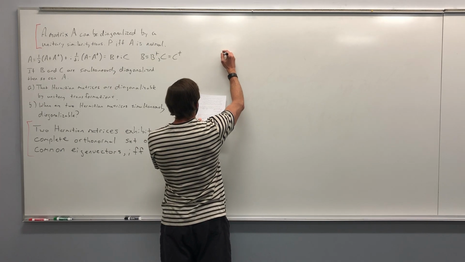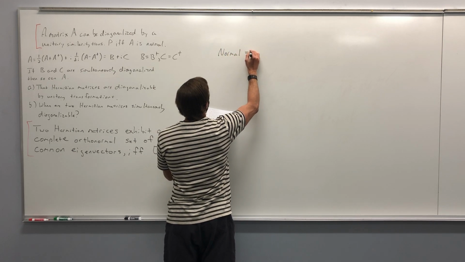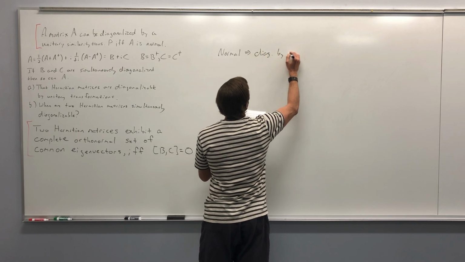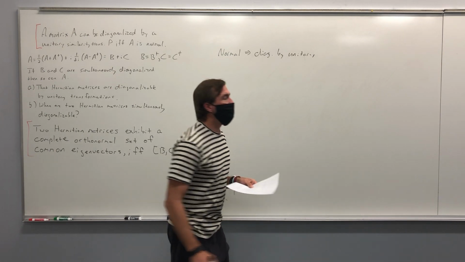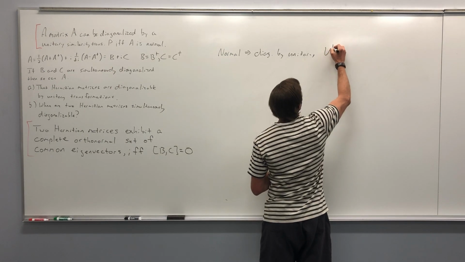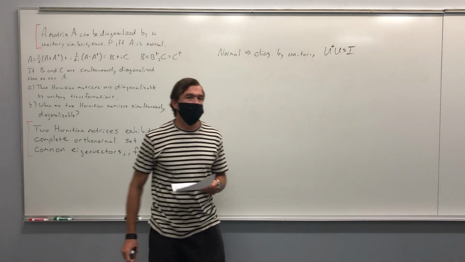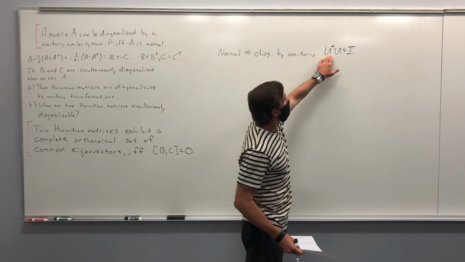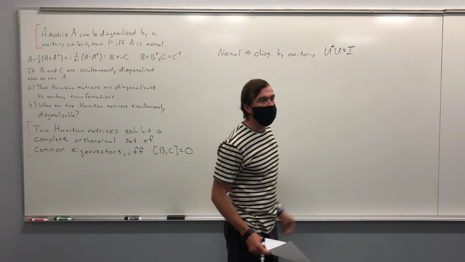So we have that normal is diagonalized by unitary, where remember unitary transformations are those where the Hermitian conjugate, or the adjoint of the matrix, times the original matrix equals the identity.